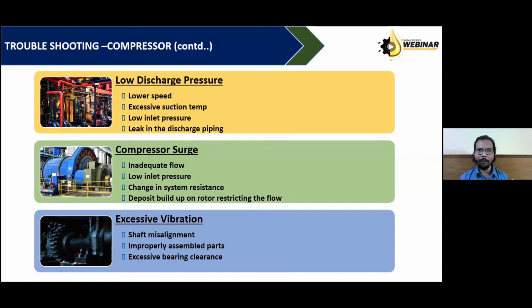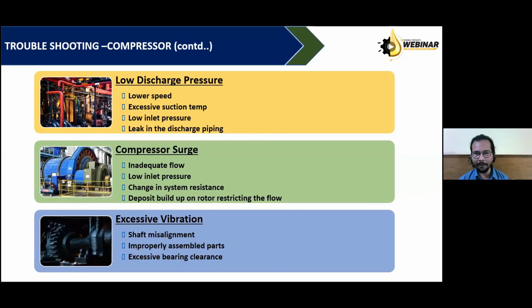Or in a highly humid atmosphere, we find deposits on the compressor rotor, and those deposits change the aerodynamics of the blade, and the air which should move forward moves radially, and the radial movement of air will lead to surging of the compressor.